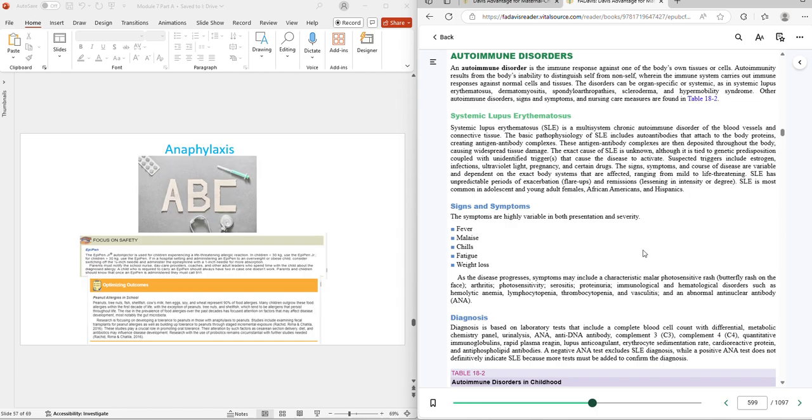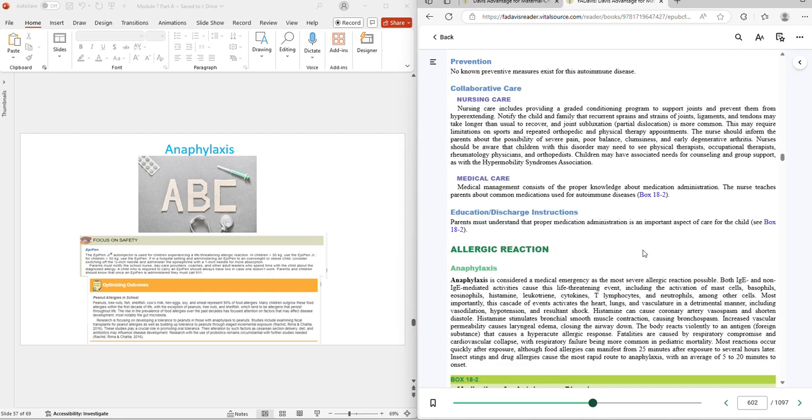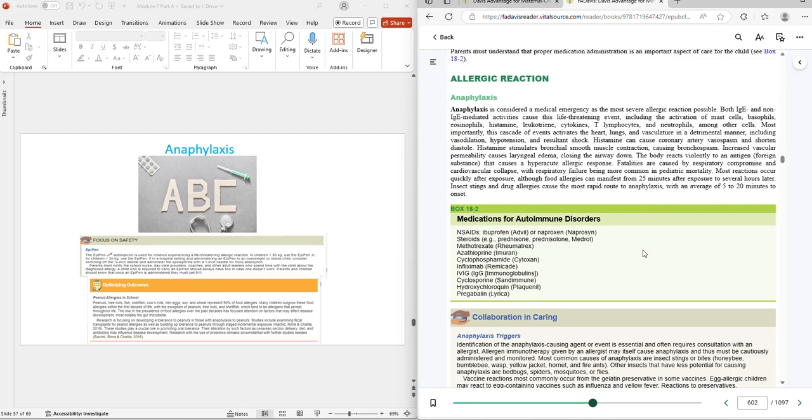All right, let's talk about anaphylaxis on page 602. Of course, you know this is a medical emergency, right? This is the IgE and the non-IgE activities that cause a life-threatening event. So, shock.